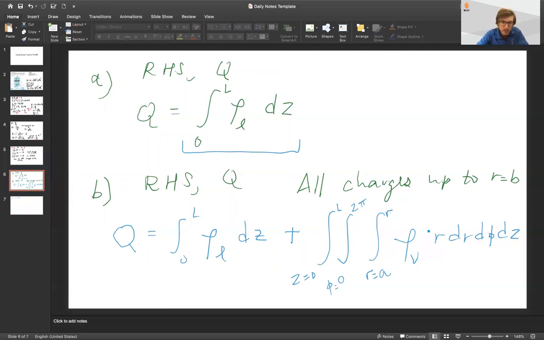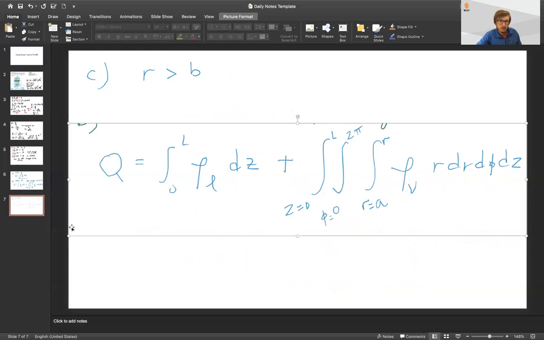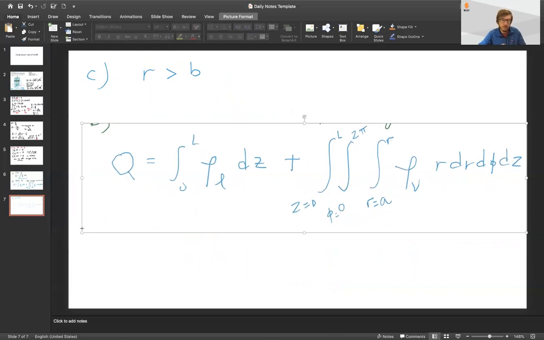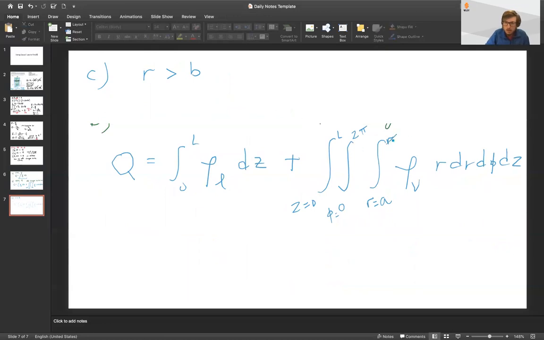So we would change this from r to b, and this would give us the total charge in that dark shaded semiconductor area.